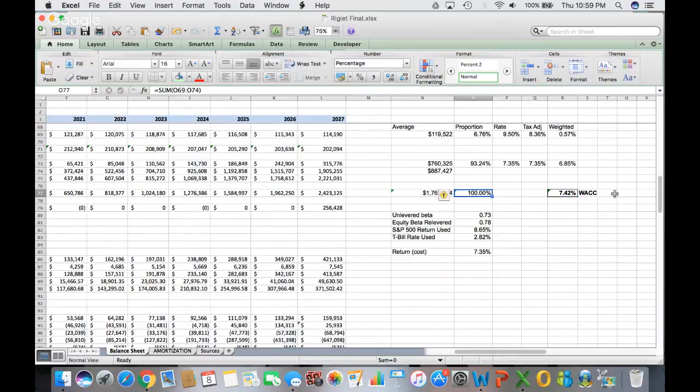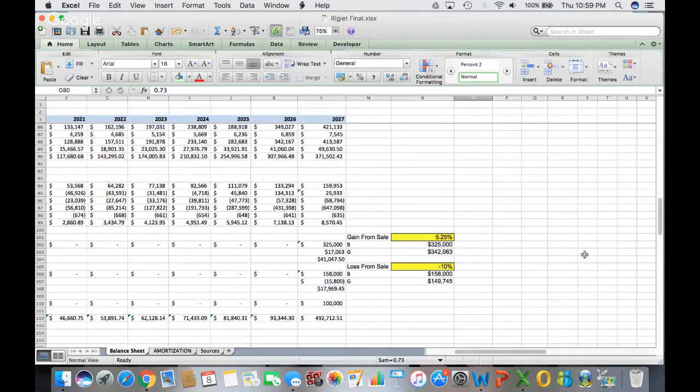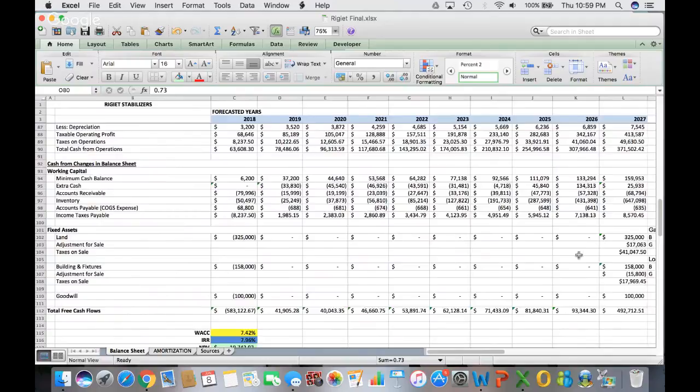So you can see that up to 100%, which is key. We've got our unlevered beta, equity beta, S&P 500 return, and T-bill. Those were found from the research that Corey and I did. Able to find those numbers online. So coming back down here, our WACC is just referenced over there.